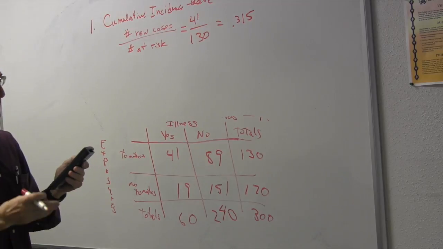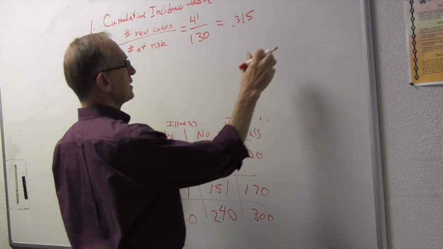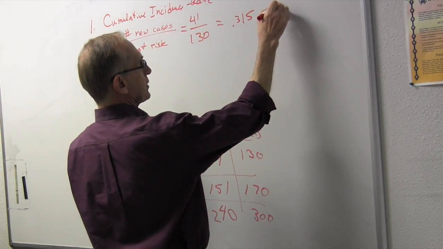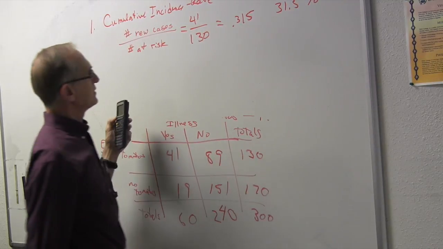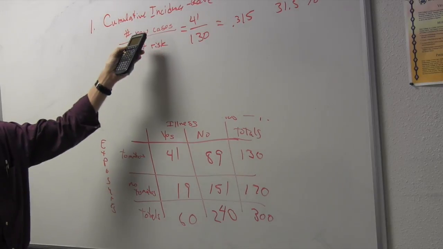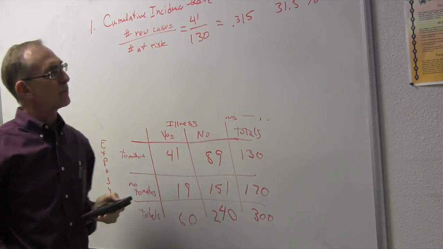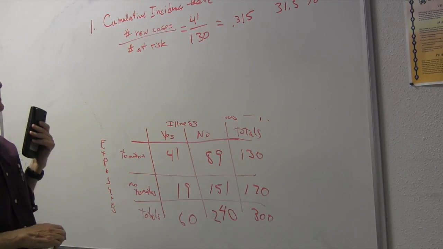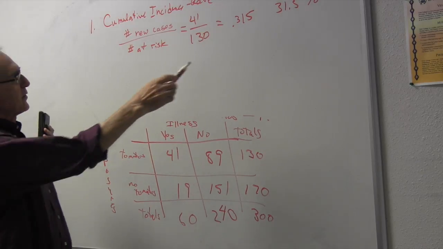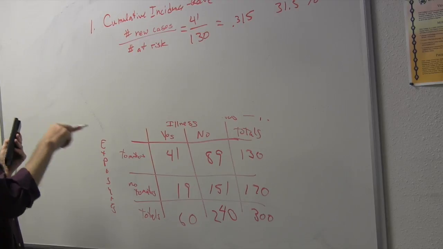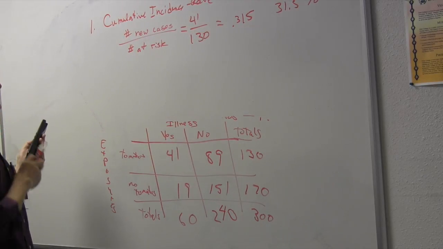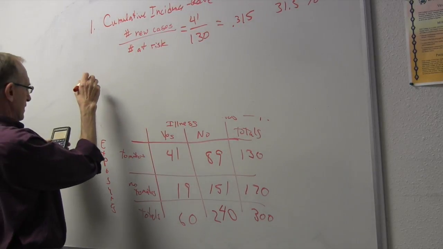You can express that however you want. You can say it's 31.5 per 100 or percent. A cumulative incidence is a proportion, so it's appropriate. So almost a third, which would have been 33%, almost a third of the tomato eaters got the salmonella.